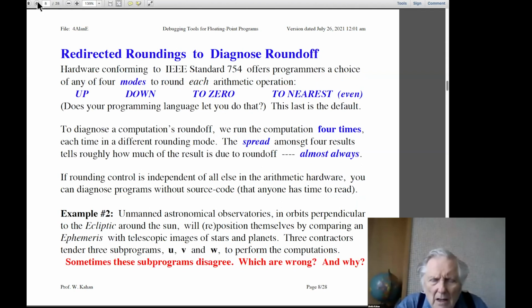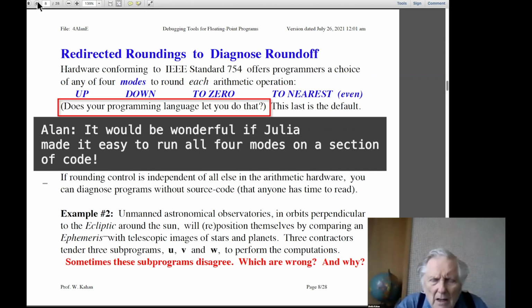Instead, what I suggest that you do is run a program 4 times, each time directing the rounding errors in a different direction, because the IEEE Standard says you can, at least in principle. You're allowed to say, I want to round everything up, or I want to round everything down.